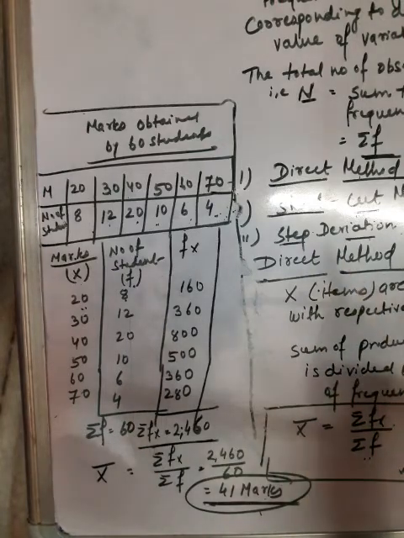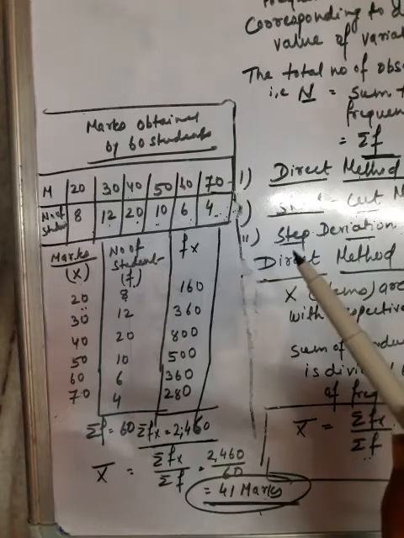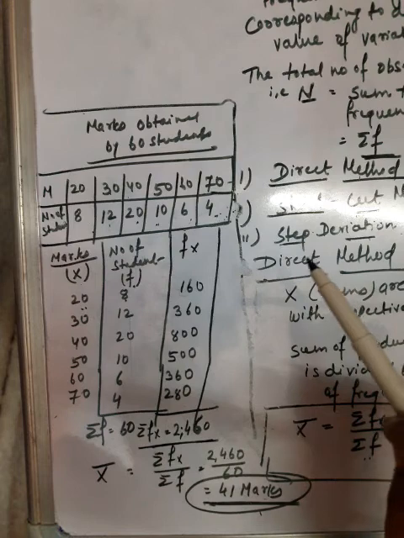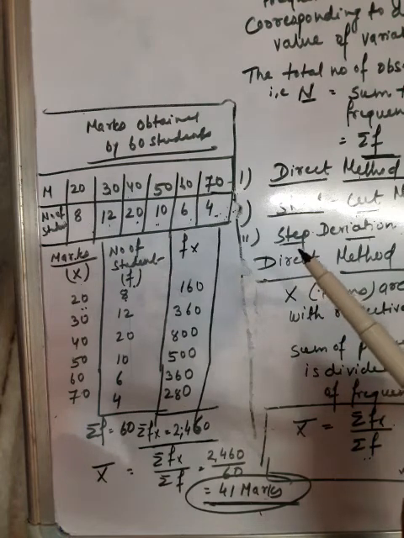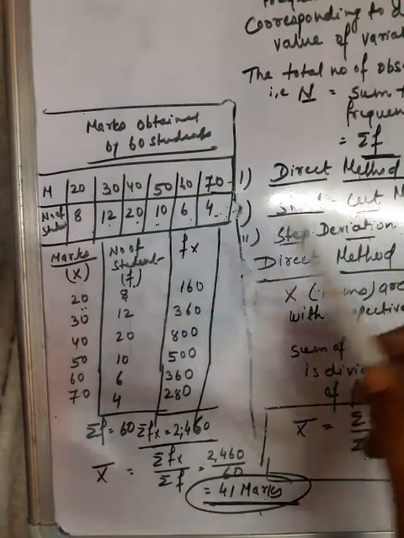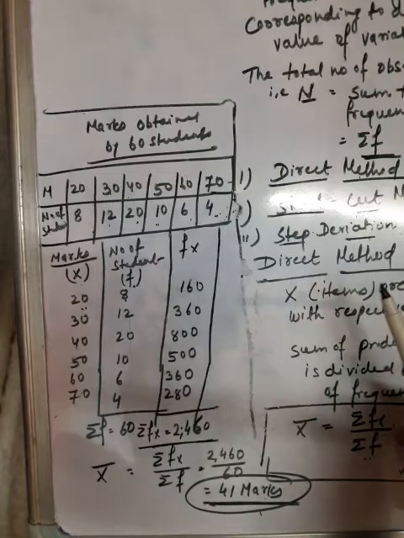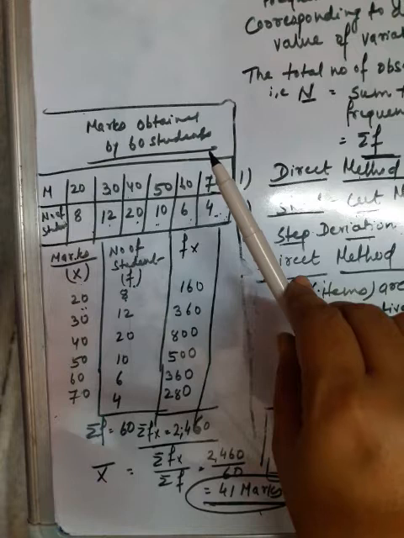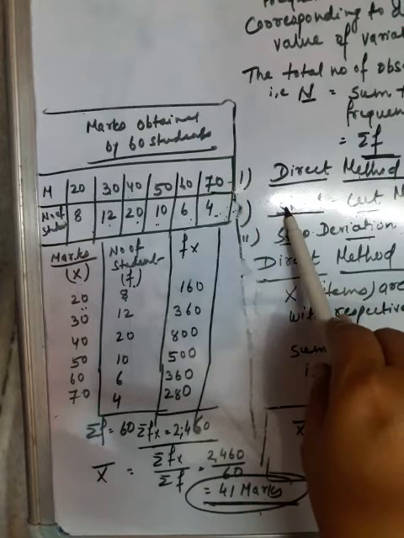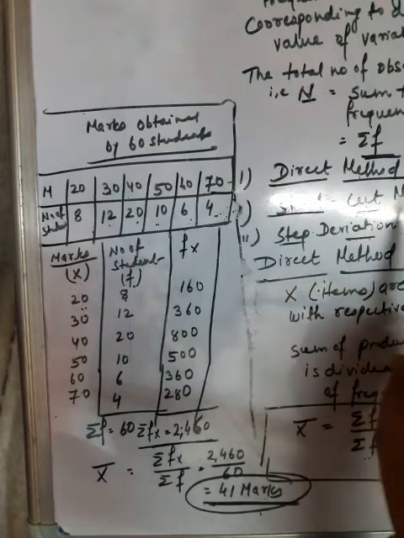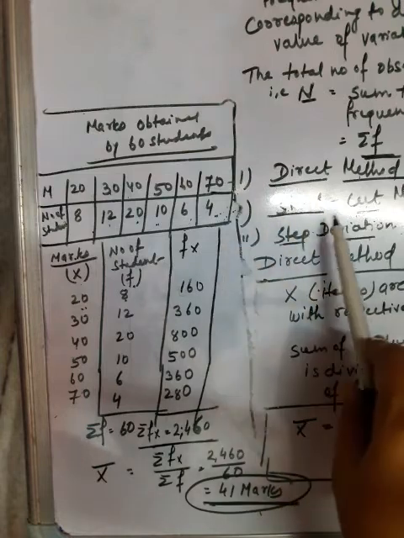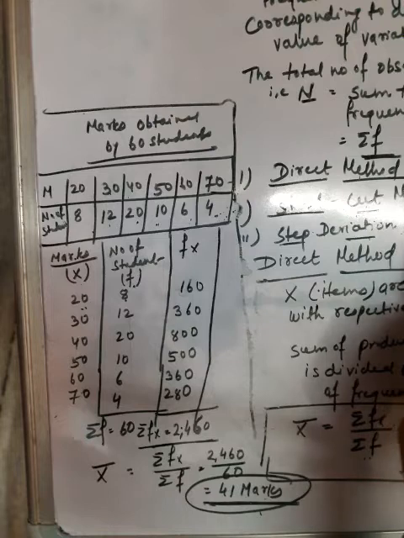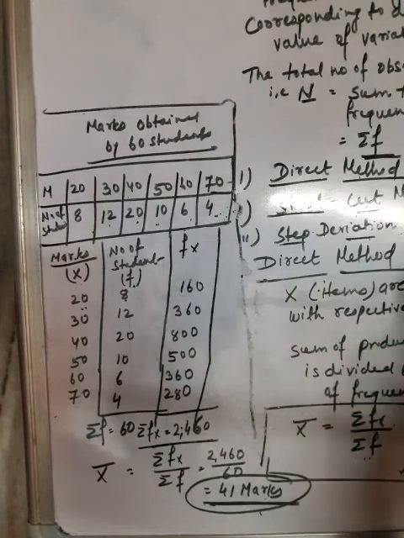If it is not mentioned in the question, you should take up a simple method, and of course that simple method will be direct method. I will use this data and find mean with the help of shortcut method. Now I will discuss the steps in this shortcut method.